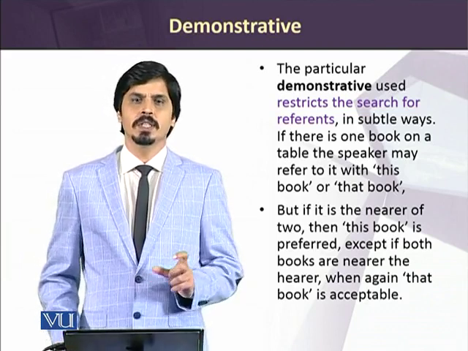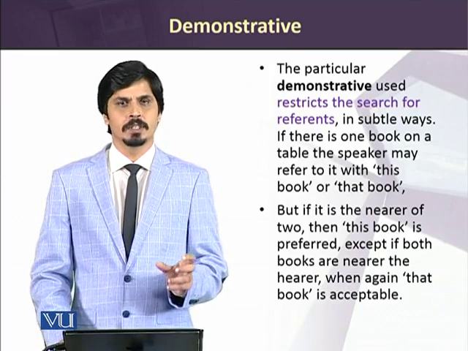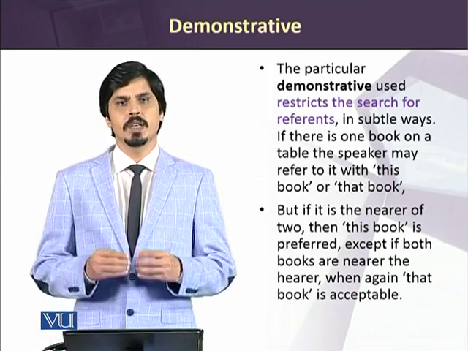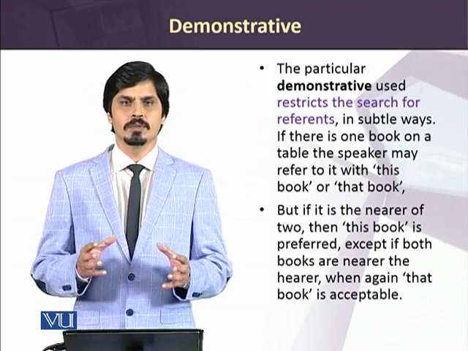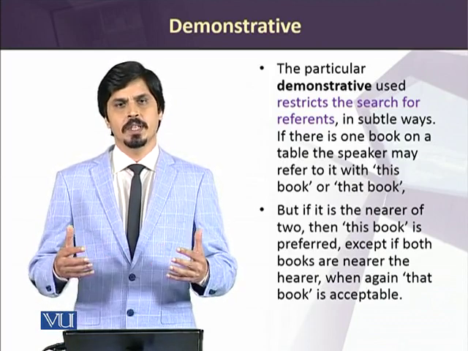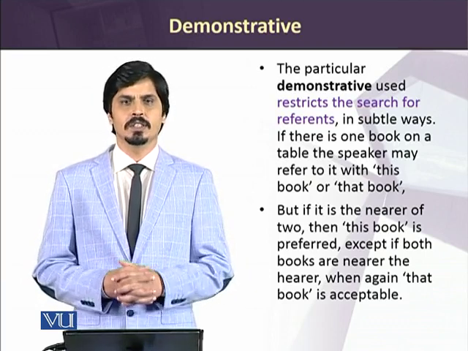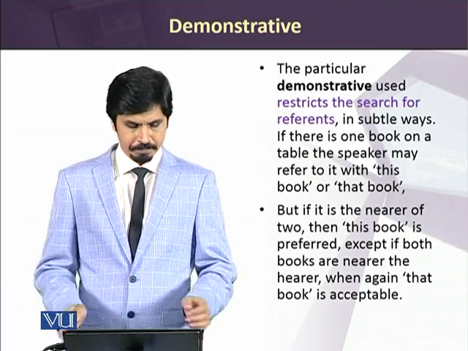So this is how we change between demonstratives based on various contextual or discourse situations. We could change these demonstratives based on space or the entities we are talking about.